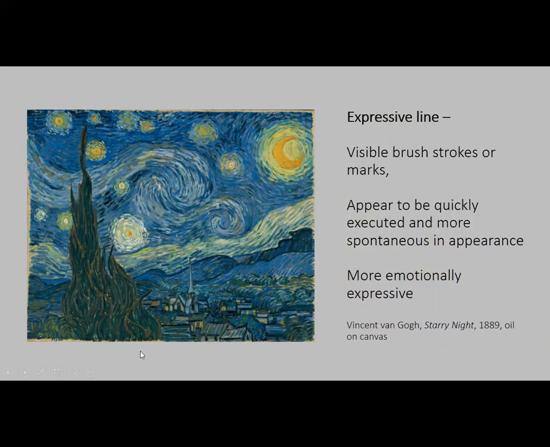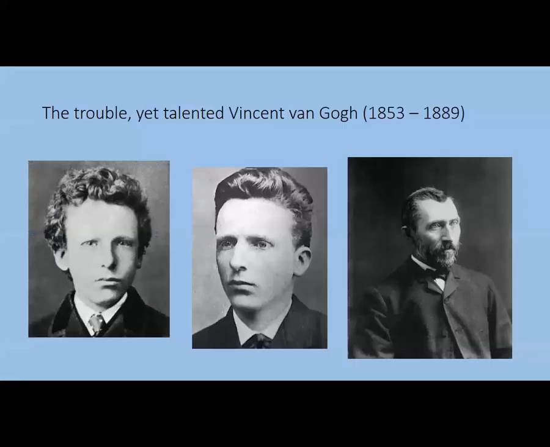Van Gogh's not trying to do this all perfectly, not blending everything carefully. He's quickly, rapidly painting in these lines. A lot of times expressive line will be more passionate. It's full of feeling when you look at these paintings.